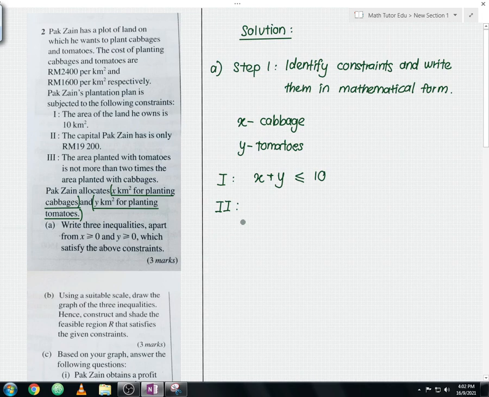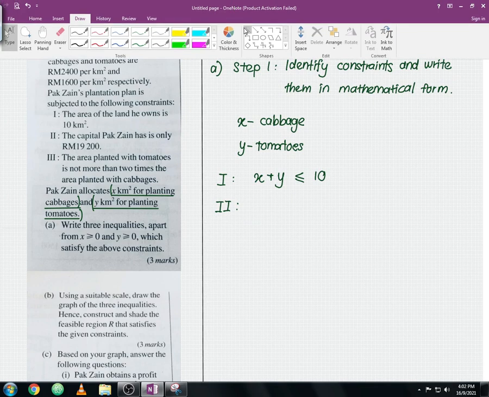For constraint 2, it mentioned here the capital Pak Zain has is only 19,200 ringgit. Let us take a look at the cost of planting cabbages and tomatoes. It mentioned here 2,400 ringgit per kilometer square and 1,600 ringgit per kilometer square respectively. This is also important information, so please underline this as well, guys.